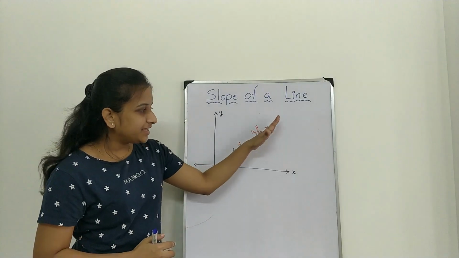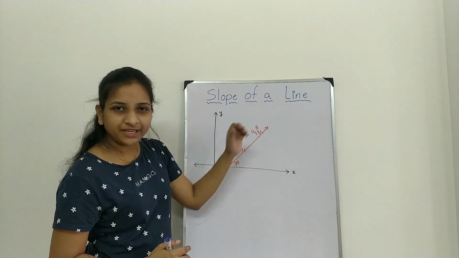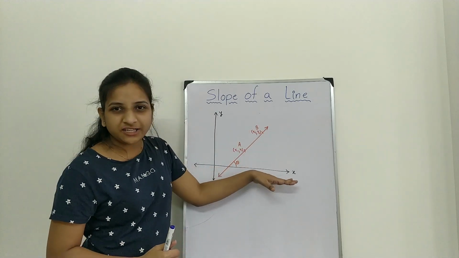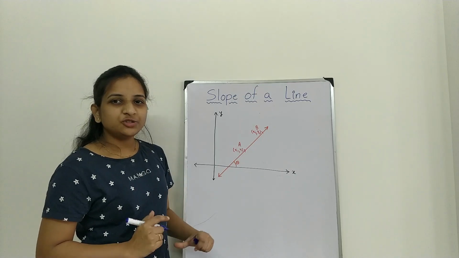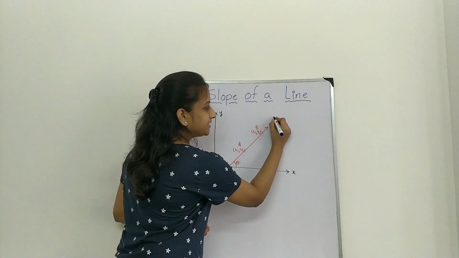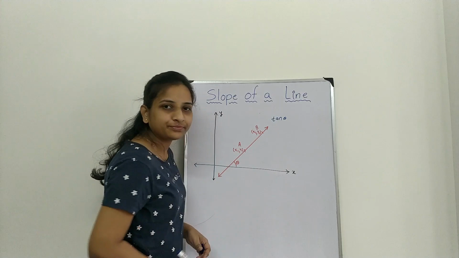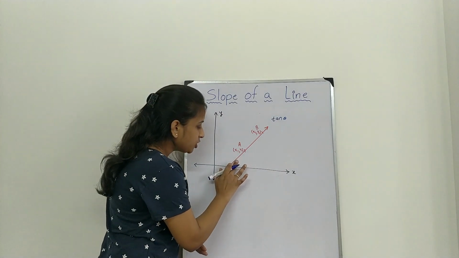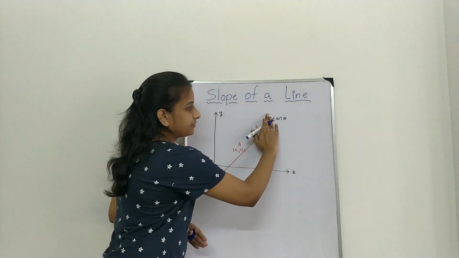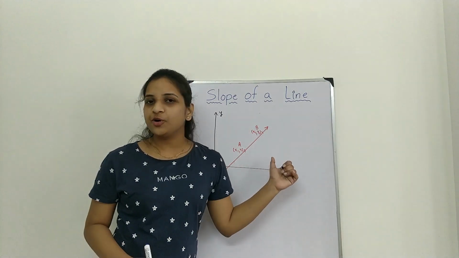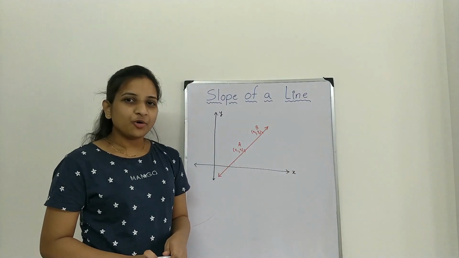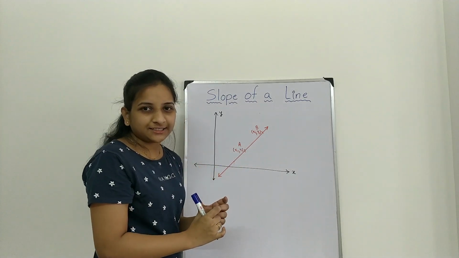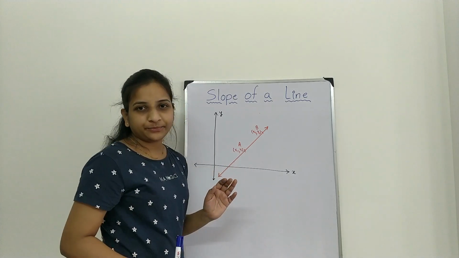Here this line AB is making an angle theta with the positive x-axis. So slope of this line is tan theta. Okay, but if I don't know this angle theta, then how to find the slope of this line? The only information I have is two coordinates on this line.